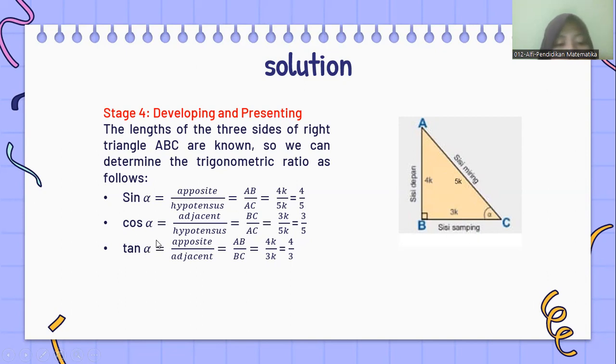Next, tan alpha is equal to opposite, AB, over adjacent, BC. Substituting, 4k over 3k is equal to 4 over 3.